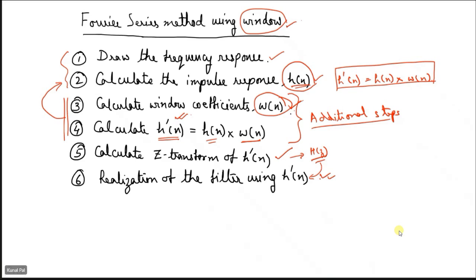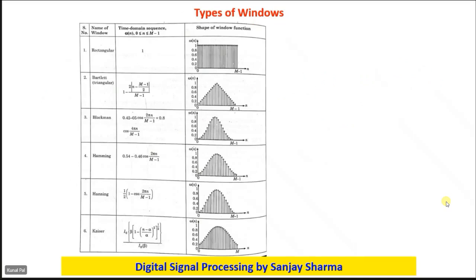I think the picture is clear to all of you. Now let's move forward. We have talked about the windows. So what are the different types of windows?